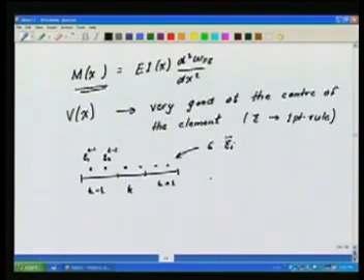So I will now say that I want to get an approximation which is quadratic.